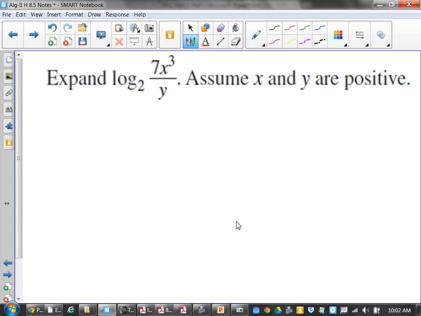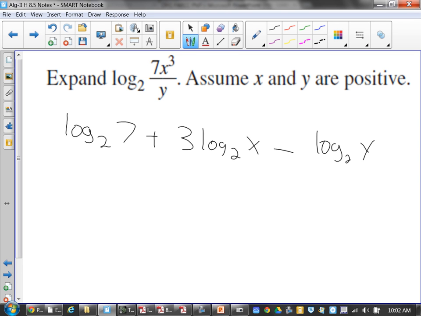Let's see what we got here. So, log base 2 of 7 plus 3 log base 2 of x minus log base 2 of y. What is that saying? Notice how the exponent is only on the x value?